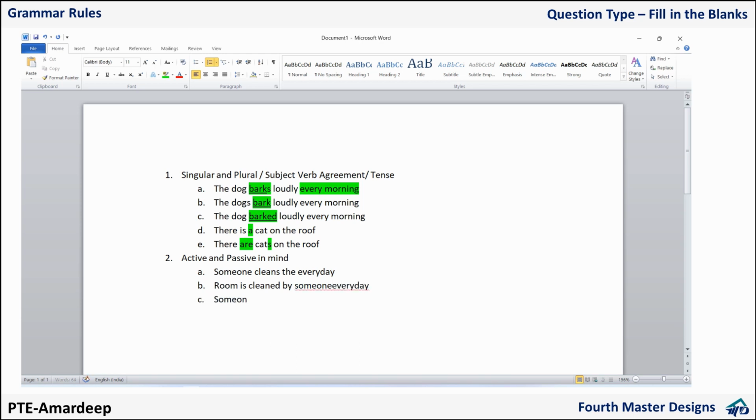Then someone is cleaning the room. Room is being cleaned by someone. Now based on that I will go for my other two also. So here I go.